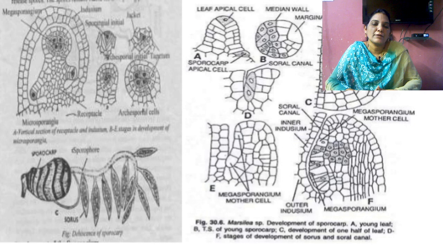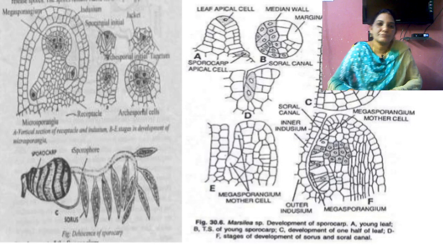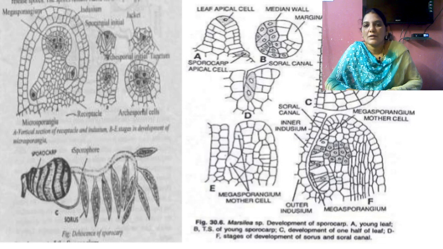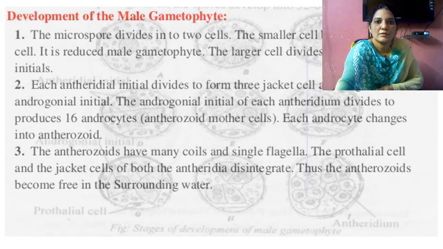Coming to the female gametophyte, the macrosporangium turns into a primary initial. First, coming to the male gamete.